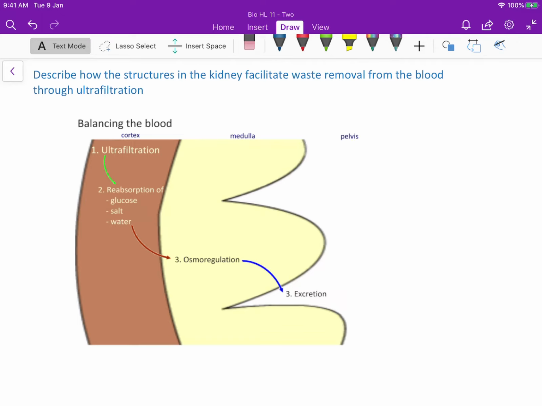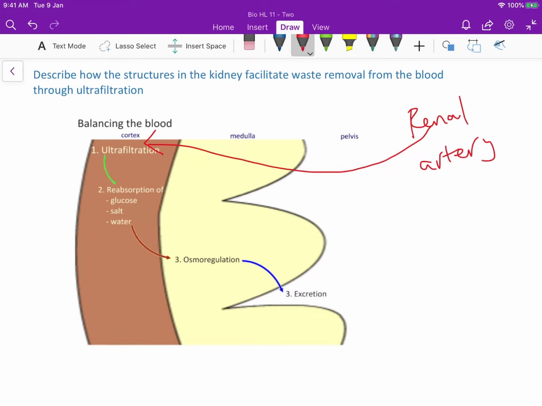So the first part of what the kidney does happens up here in the cortex. So blood flows in, and it makes its way all the way up to the cortex, and that's through, we said it came in through the renal artery, but then it will be splitting into smaller arterioles.